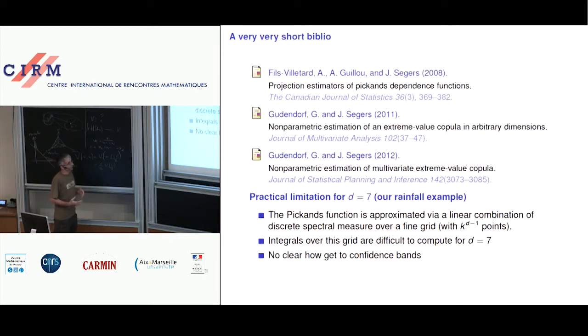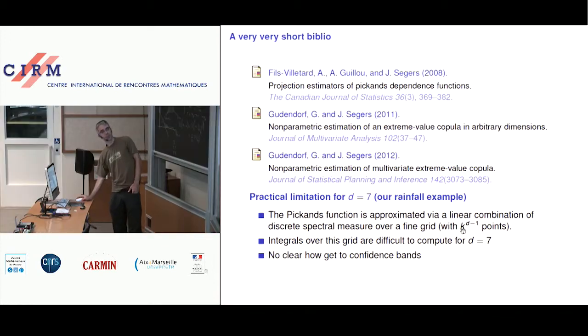Okay? And that's fine. But to do that, you have to make a grid. In practice, you have to make a grid on the simplex. And so the number of points on this fine grid, depending on the K, which is the quality of the approximation in some sense, is on the order of K to the D minus 1.